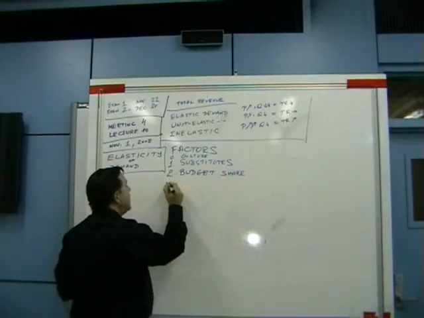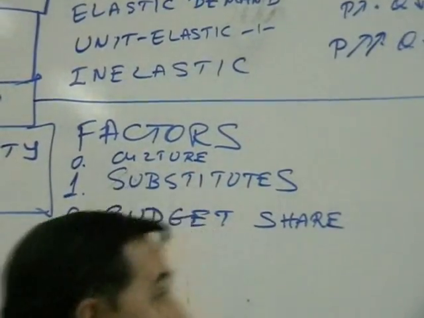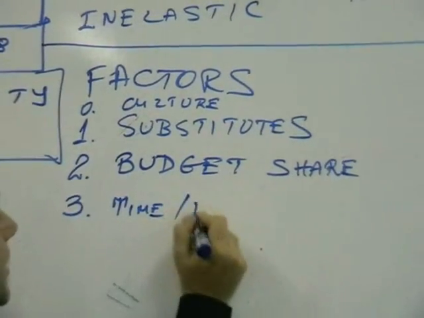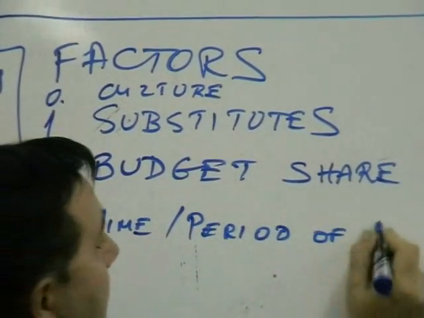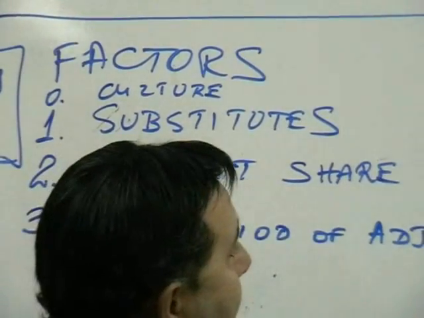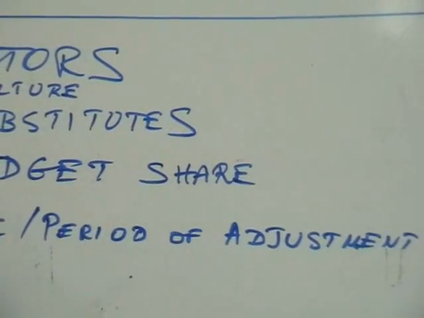Now, the third thing which we discussed a while ago is time, which was sometimes called period of adjustment. The period of adjustment is very simple and easy.